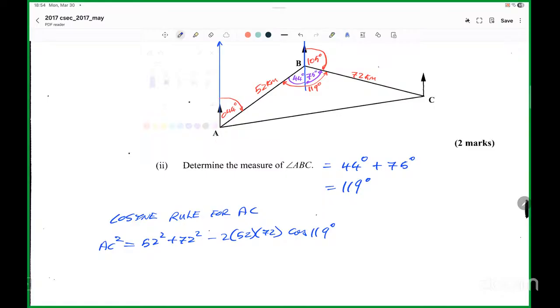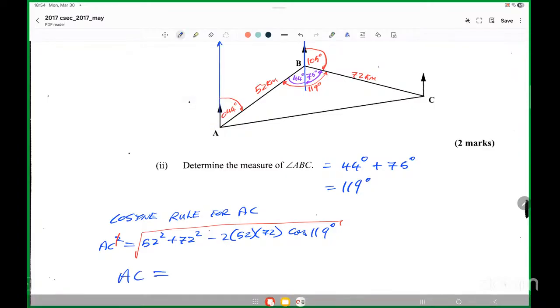But as always, instead of leaving the square here, we can square out this side and all of this side over here, and then do just one calculation to get AC.